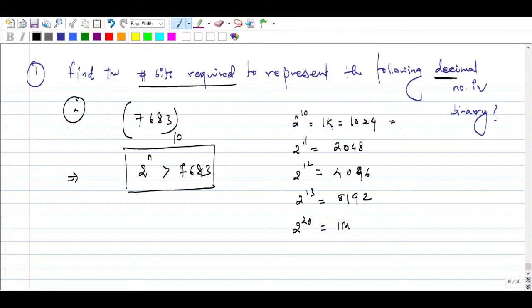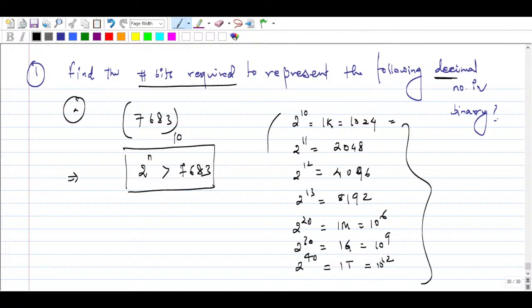So 2 raised to power 10 is 1 kilo, 2 raised to power 20 is 1 mega, which is about 10 raised to power 6. 2 raised to power 30 we call 1 giga, which is 10 raised to power 9, and 2 raised to power 40 we call 1 tera, which means 10 raised to power 12. So you have to remember these things.